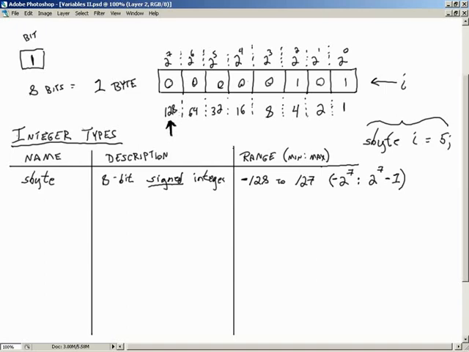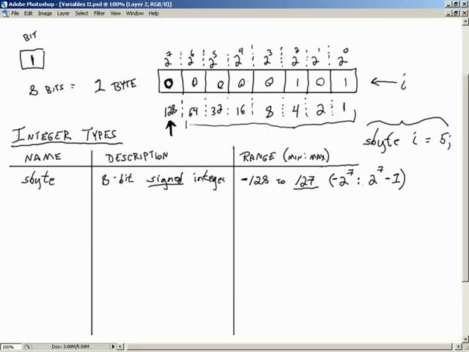Okay? Now, what does that mean? Well, if this value in here is a 0, we're looking at a positive number. And everything else down here, if we come in here and add it all up, if you want to pull out your calculator and add all of these numbers up, 1 plus 2 plus 4 plus 8 plus 16 plus 32 plus 64 will give you 127. Very interesting, eh?